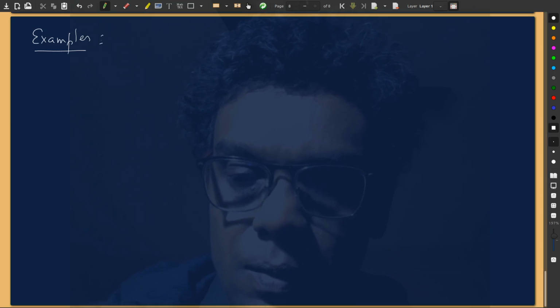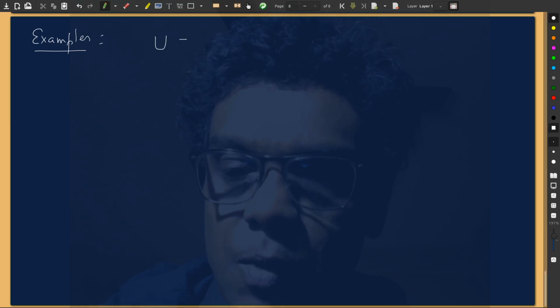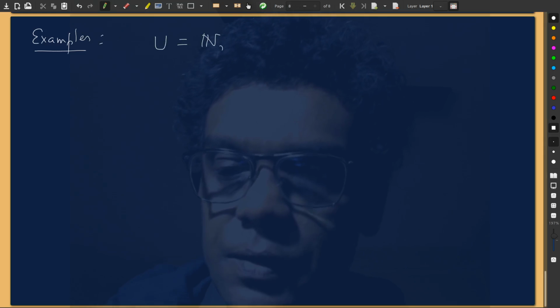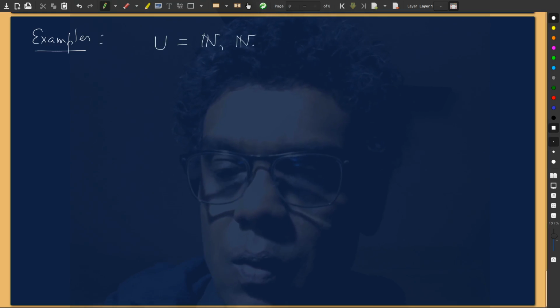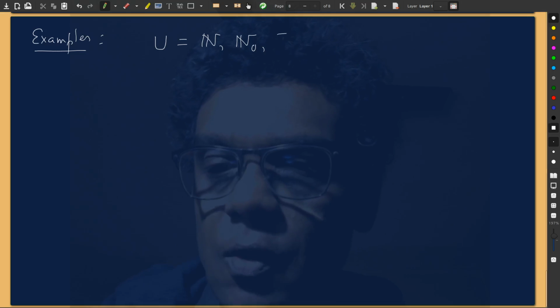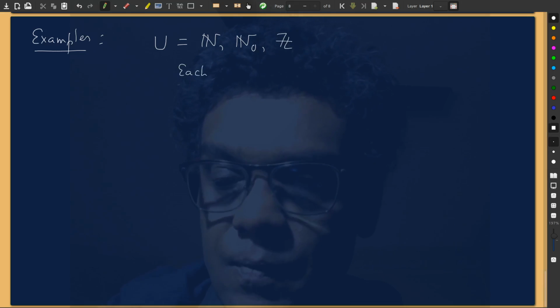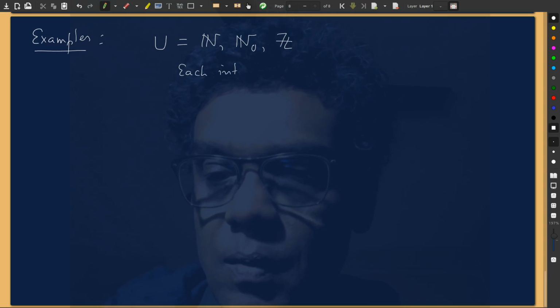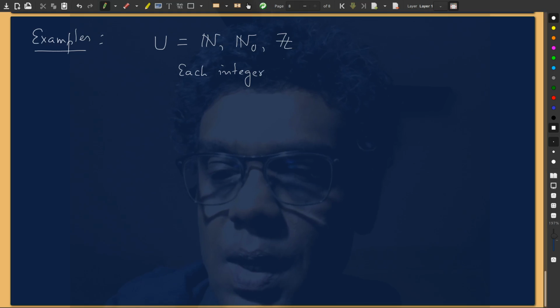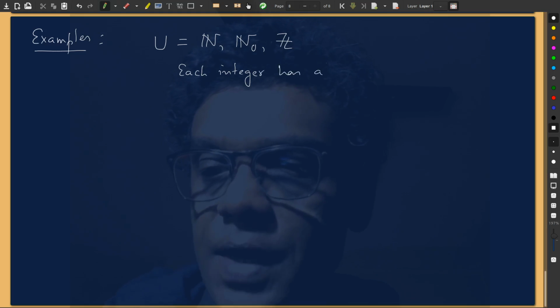So, we know that our universe for the moment is a set of natural numbers, including or excluding 0, or set of integers. So we know that each integer has a finite representation.